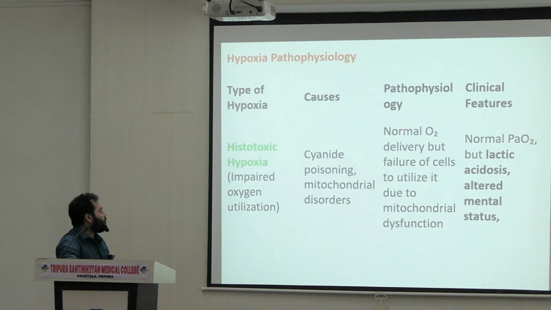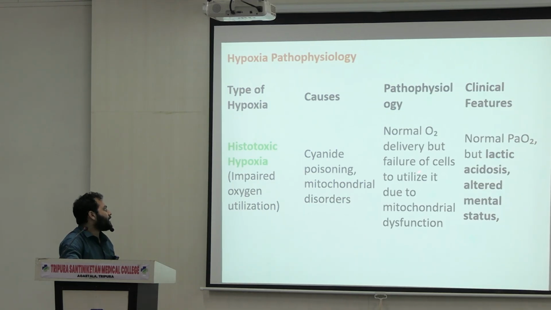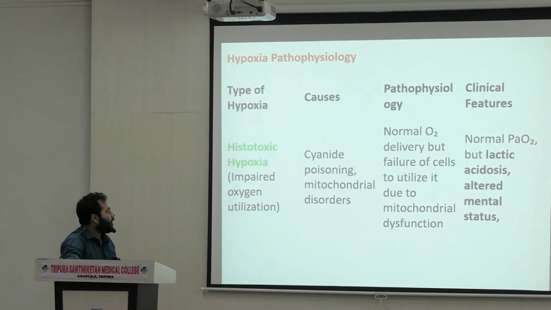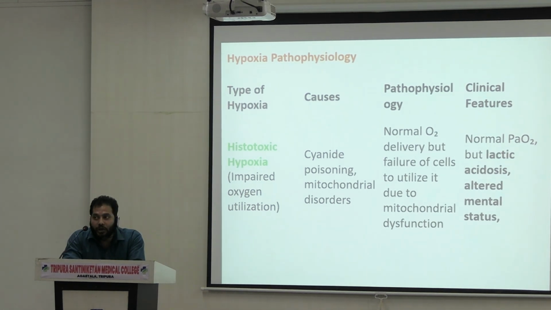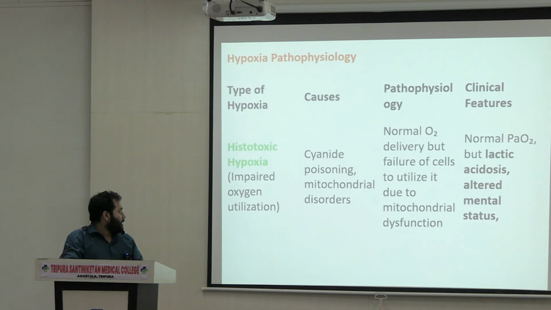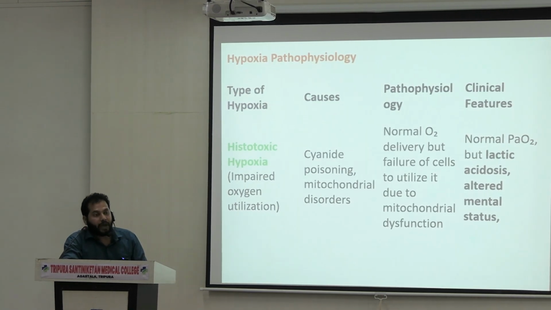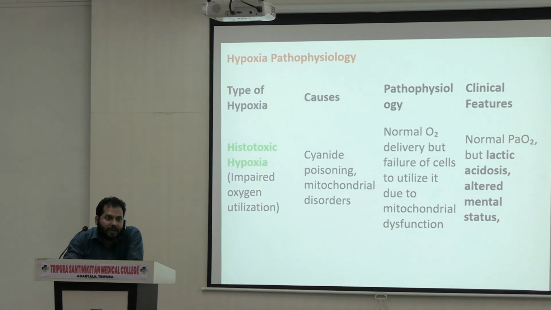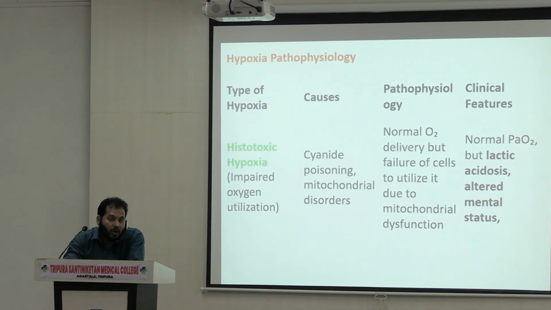You can see from the pathophysiology section, normal oxygen delivery, but failure of cells to utilize it due to mitochondrial dysfunction. Yes, due to mitochondrial dysfunction. What are the main causes of mitochondrial dysfunction here? As we know, mitochondria act as the site for cellular respiration, right? In the electron transport chain, there are some chemicals which affect the transport of electrons, right?